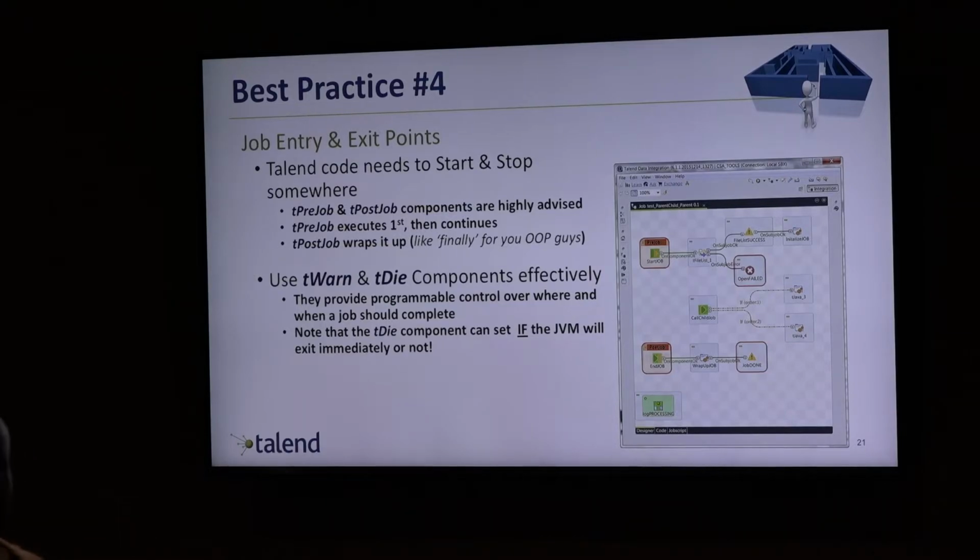Another good example is context variables. If you want to load all the context variables, you can do that in your pre-job too. Anything like initializing. If you're writing a program, you initialize some variables and do some pre-work before you actually read the data. You have to do some connection checking, check if the file is there, or if the directory exists.